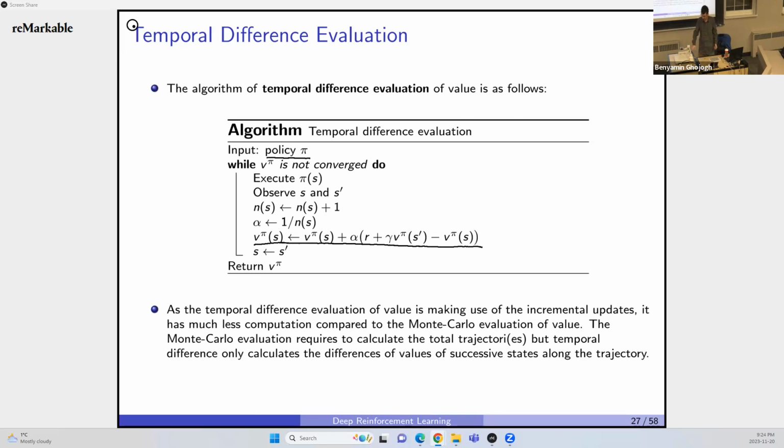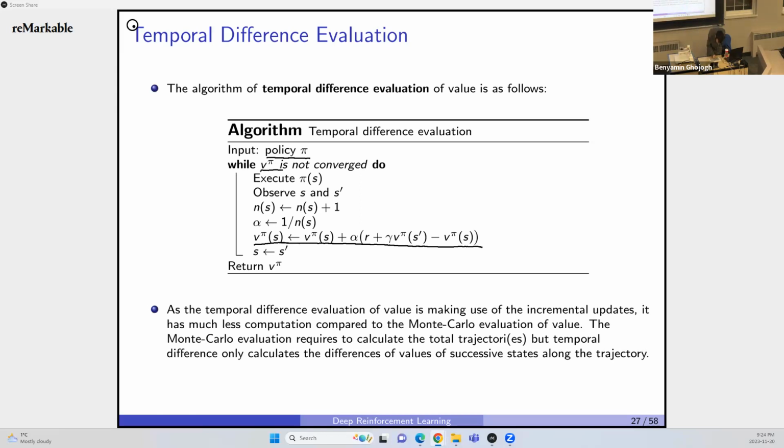By the way, why do I want to do that? Because I want to evaluate my policy. I have some policy, how good is it? I can calculate the value, the best reward that I can get by this policy.